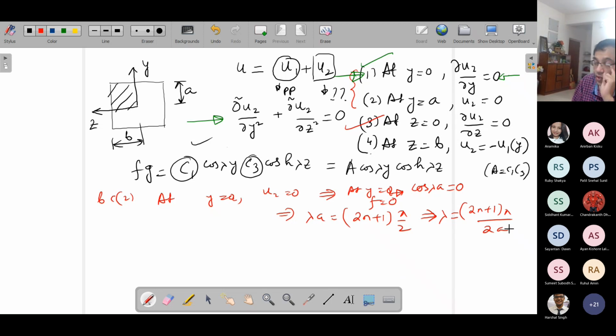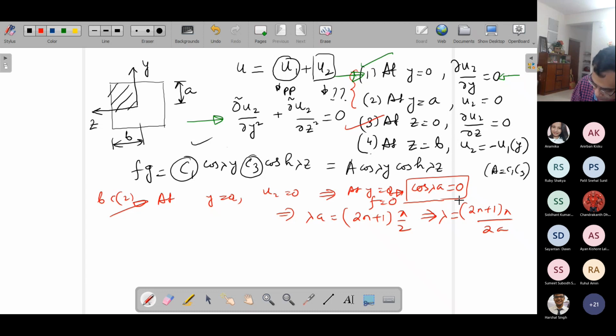So what it means is that this equation, or rather this boundary condition, is satisfied not for all values of lambda, but for certain values of lambda. And these values are called eigenvalues of the solution.